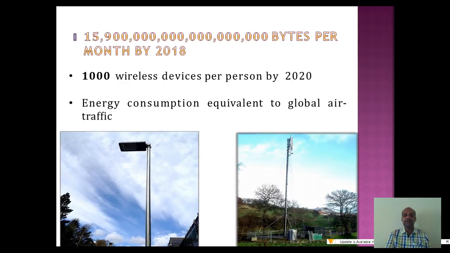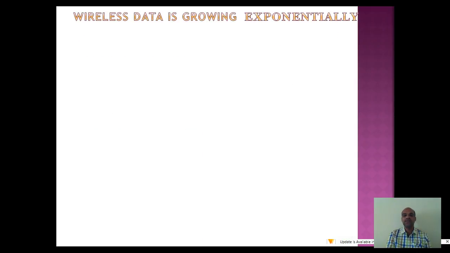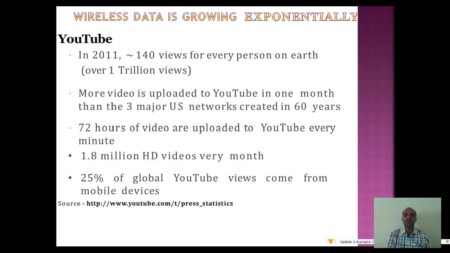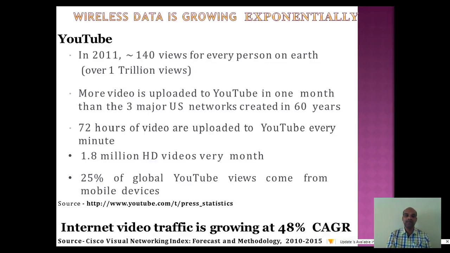So if the number of wireless devices increases exponentially like this, the energy consumption is also equal to the traffic of global air. If we consider the report given by YouTube, in 2011 there were 140 views per single person on the earth. That is, if we consider the whole global population, this is equivalent to 1 trillion views.